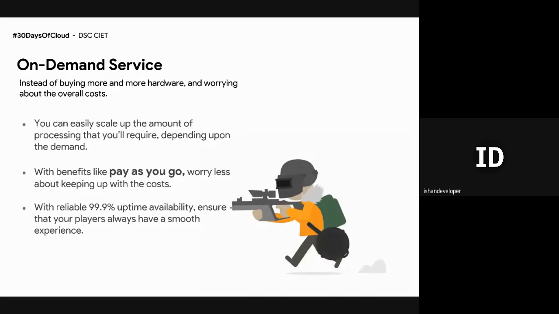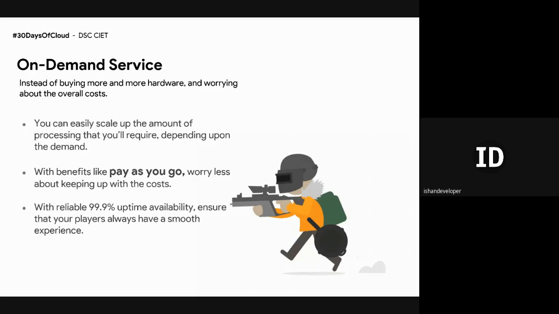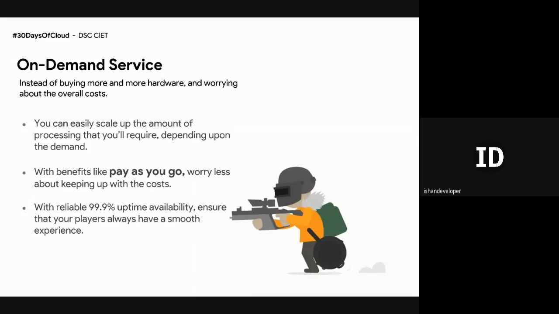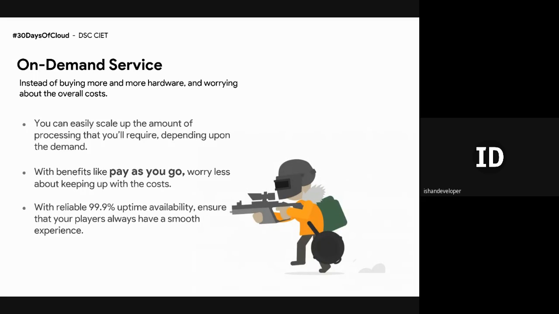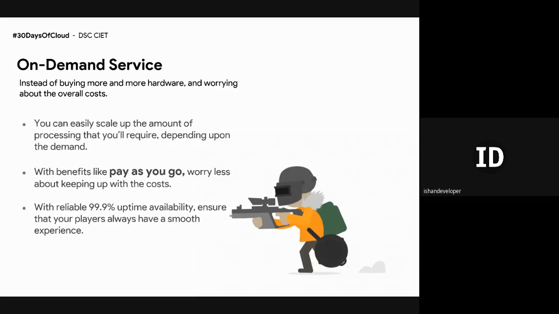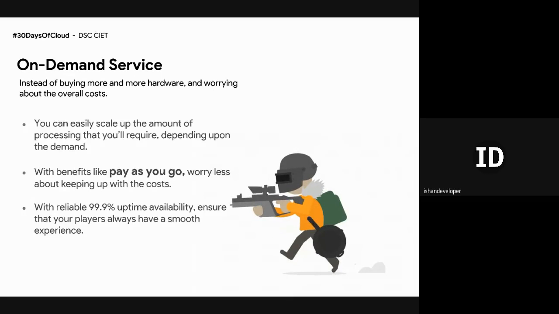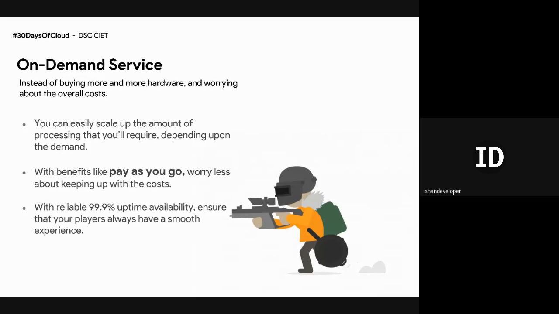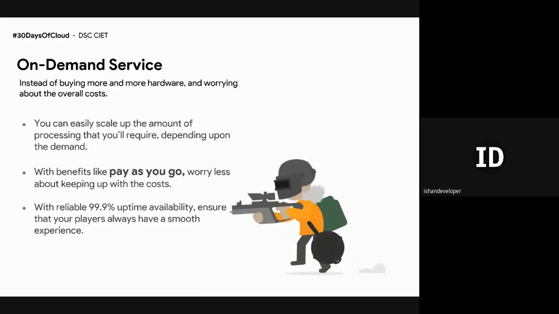Your computer shuts down, or let's say some idiot just cuts down the fiber optical cable that was coming to your home, and your internet goes down. So you will lose the visitors, and you will lose the money, and you will lose all the profits that you were making. But with cloud, you get guaranteed 99.9% uptime availability.